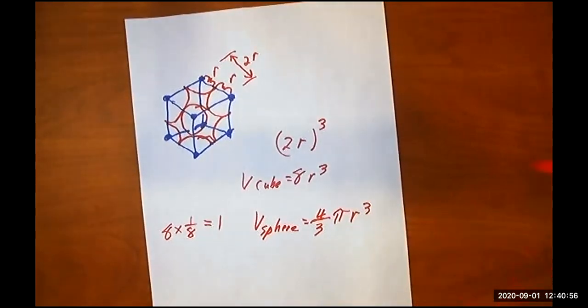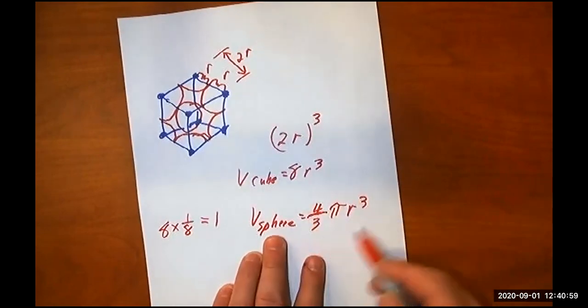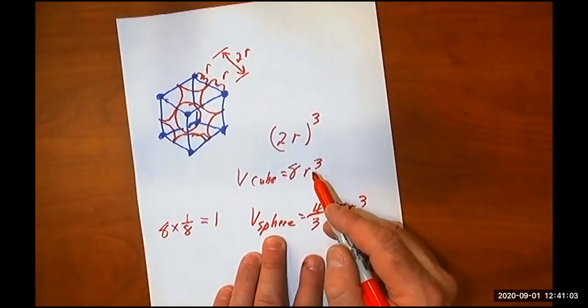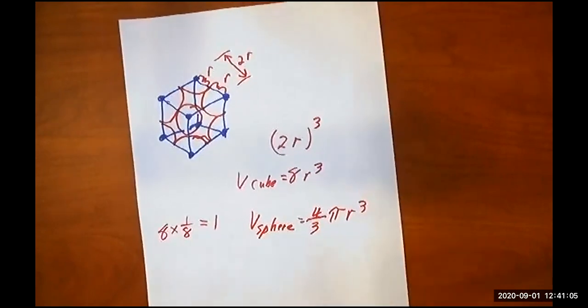So if we take the volume of the sphere divided by the volume of the cube, that tells us the fraction of the space that is taken up by the spheres. Because the cube is everything. It's the sphere plus the water, right, in the analogy I was giving. Yes? Is the fraction of the space that is taken up by the spheres.